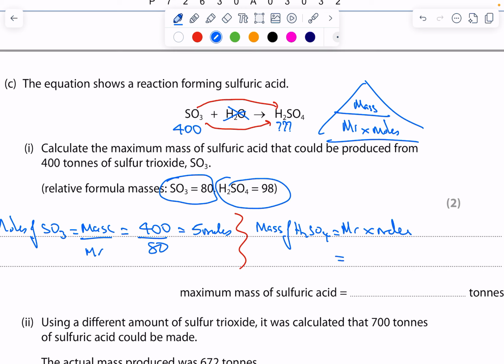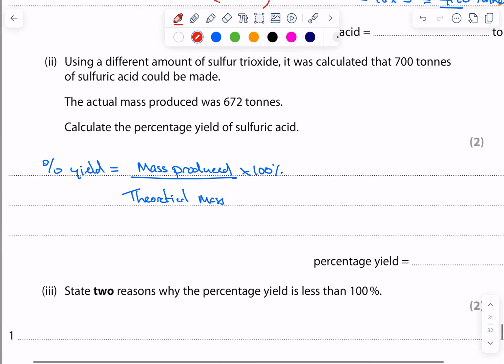The Mr of sulfuric acid this time is 98. The moles is 5, so times that by 98. And that's giving me an answer of 490. And the units will be tons, because the first one was also in tons. Marks wise, there's 2 marks there: 1 mark for working out the 5 and 1 mark for finishing off to 490.